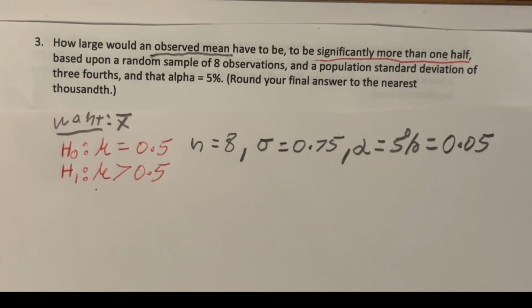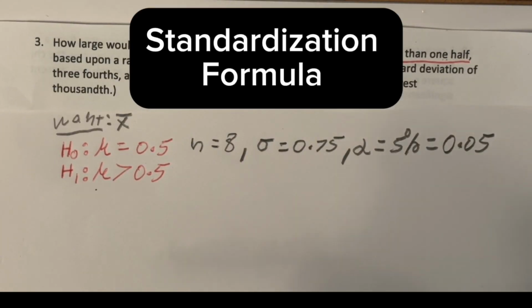So now we have all the information. We don't even need the words anymore. And everything in hypothesis testing for the normal distribution with a known standard deviation comes out of one simple little formula. It's the standardization formula, which gives us our z-score.